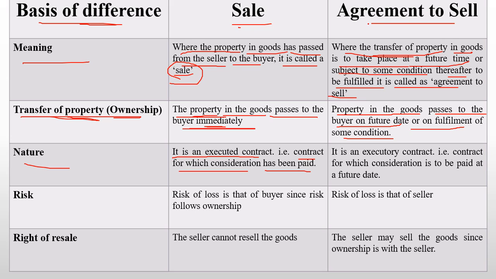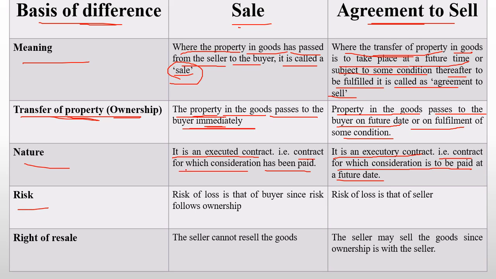Whereas in agreement to sell, the nature of contract is an executory contract, meaning one party has to perform his duty. That means the contract for which consideration is to be paid at a future date. So at least the buyer or seller has to perform their duty at a future date. So that is an executory contract.